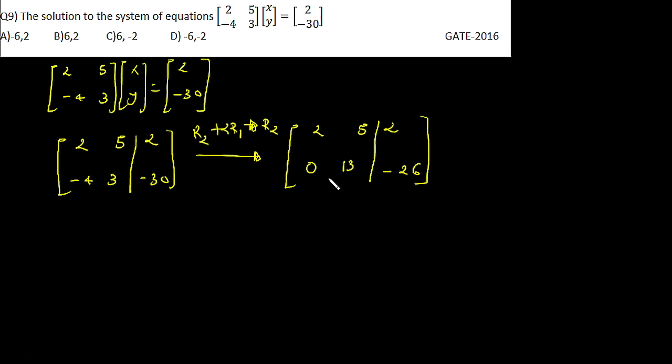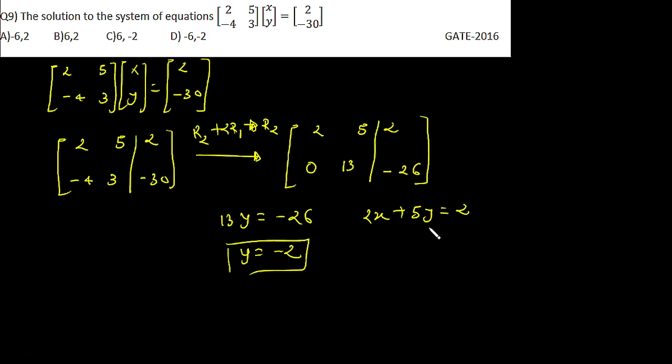Now we have reduced this matrix, so let's compare the coefficients with the right hand side. Simply 13y equals minus 26, so we can say y equals minus 2. Now from back substitution we can also find the value of x. We have found the value of y, so let's put it here: 5 into minus 2 plus 2x equals 2.